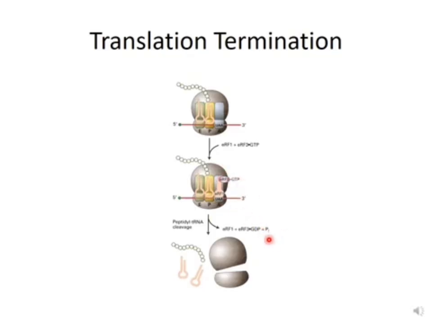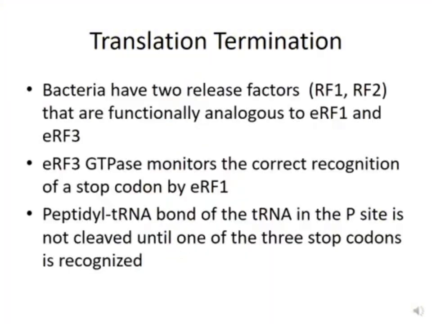This hydrolysis of GTP provides enough energy to release the growing polypeptide chain and to release the larger and smaller ribosomal subunit in addition to the present tRNAs from one another. So the complex is disintegrated and we have our different parts. Most importantly, what we need is the growing polypeptide chain.